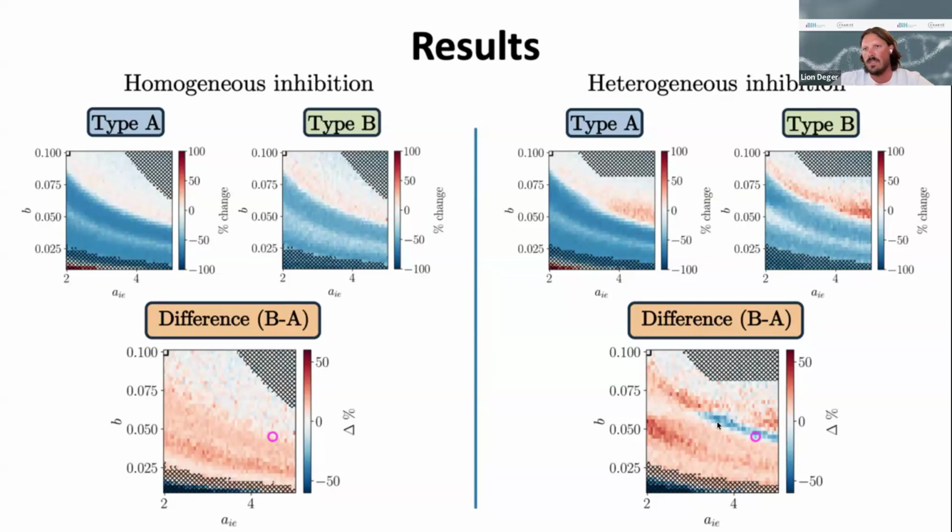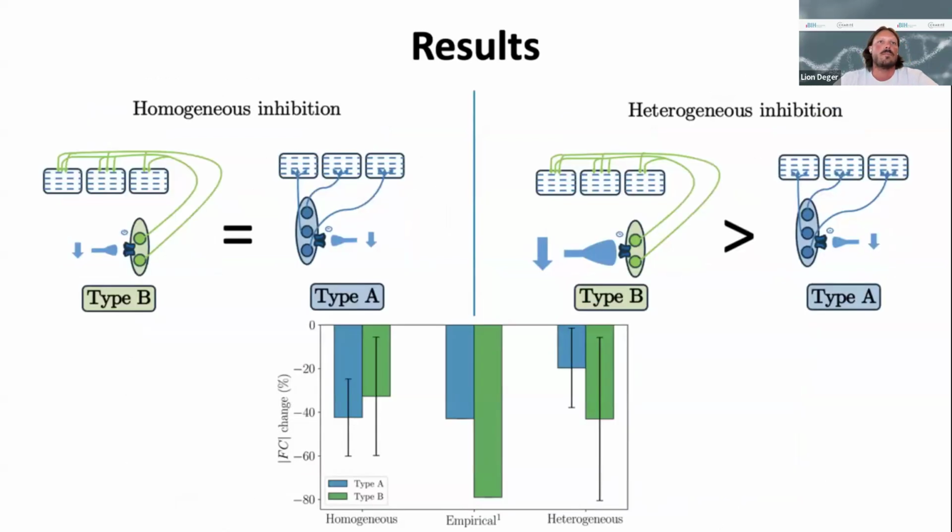And if we translate this into a bar plot, then we see that when we implement this heterogeneous inhibition, we get to a similar ratio of functional connectivity reductions between thalamus and cortex as we've seen in the empirical findings that I told you about earlier.